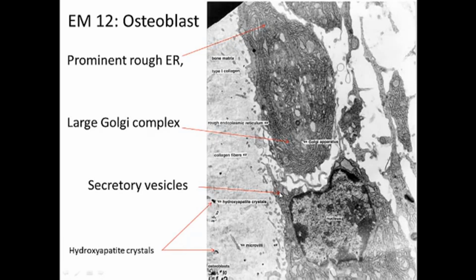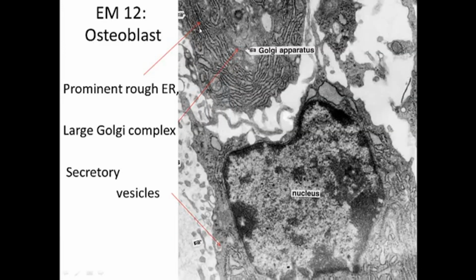The secretory vesicles we see are secreting the type 1 collagen, and you have a large Golgi apparatus which puts sulfur on the proteins produced in the rough endoplasmic reticulum to make collagen. So rough endoplasmic reticulum, Golgi apparatus, secretory vesicles, nucleus: these are osteoblasts.